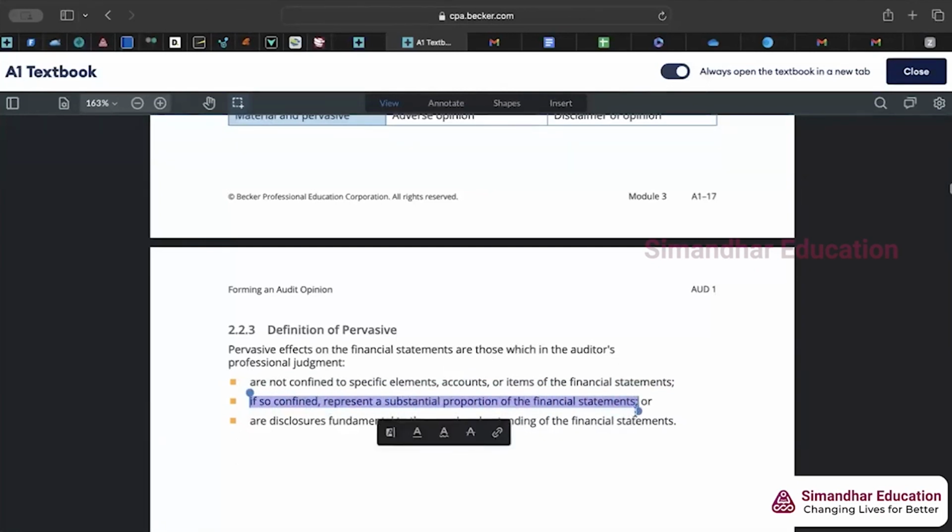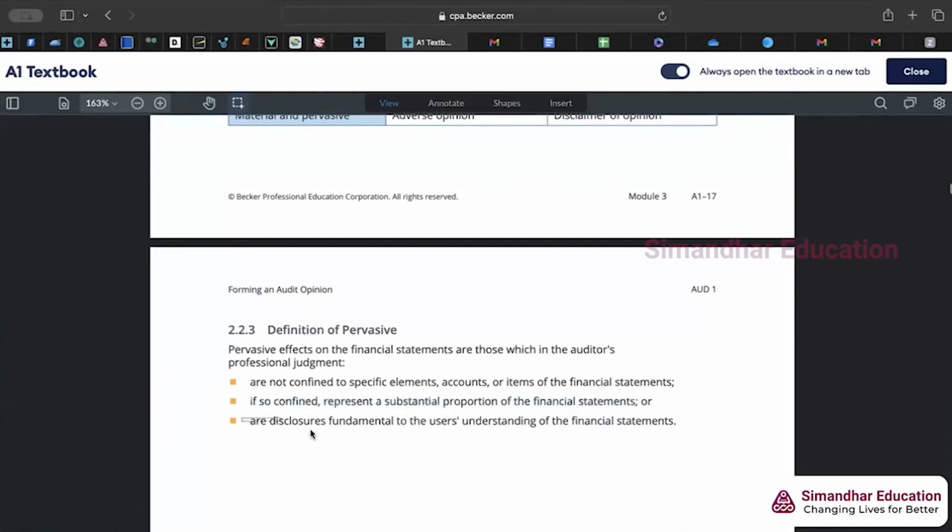I just have cash and bank, fixed assets, and inventory in my assets, and my cash and bank is wrong, then it is a substantial portion of my financial statements. You will determine the percentage of it to the total. And if it is substantial, then it is pervasive.